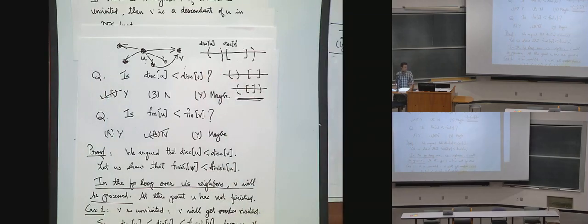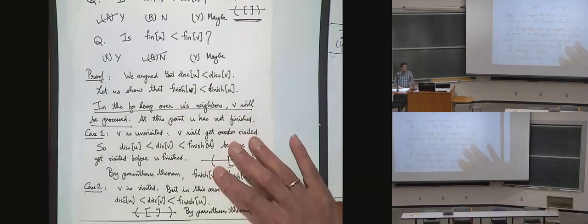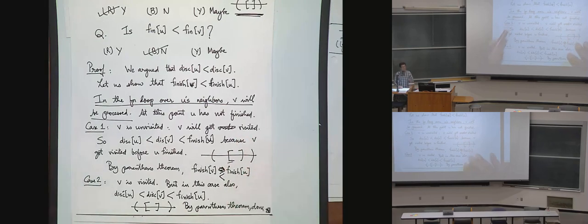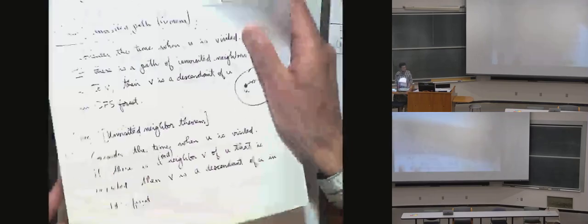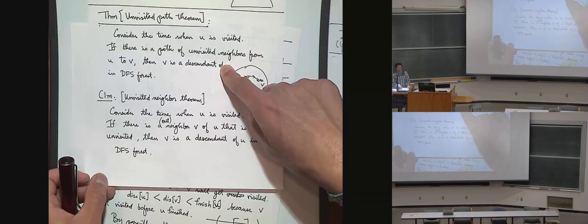So which one is which? So the first one is you actually visited it as a child, and the second one is it got visited through some other path. I mean, the reason I'm just breaking this is to show you that you actually don't even have to write it this way. Okay? So what this gives you is the unvisited neighbor theorem. You have to do induction on this to get the unvisited path theorem.